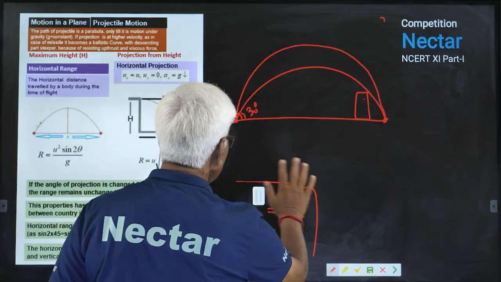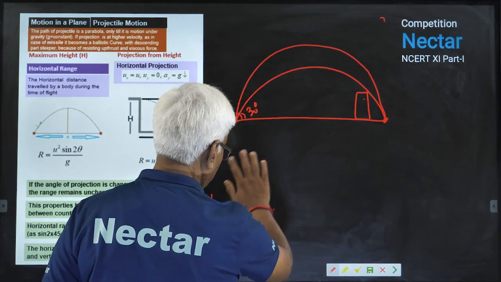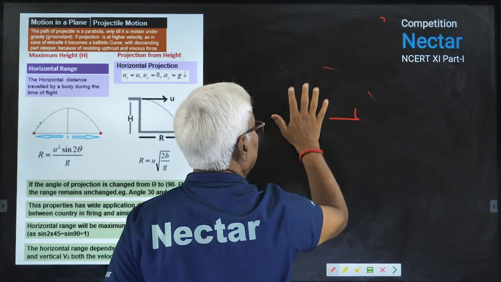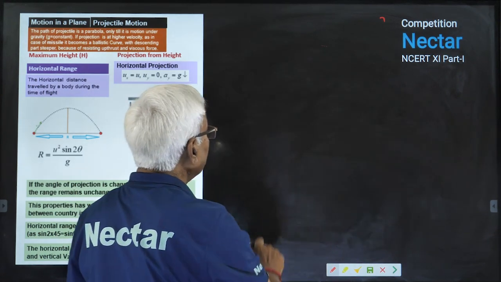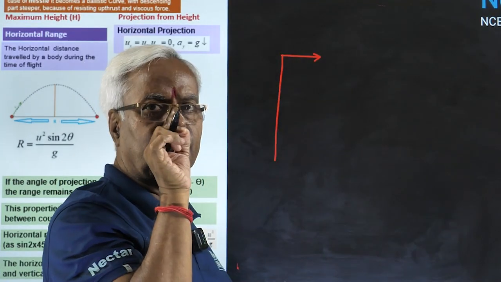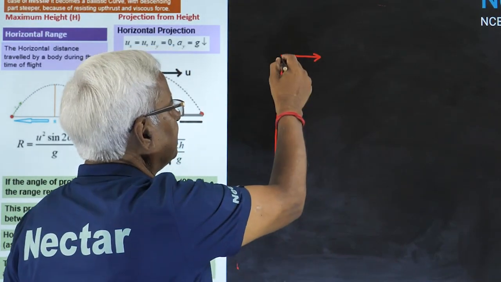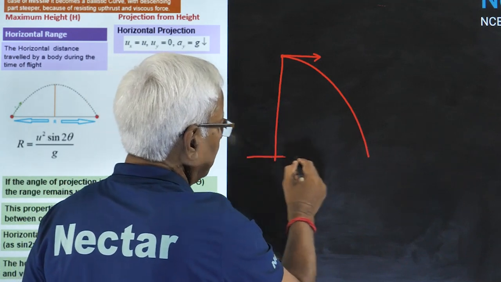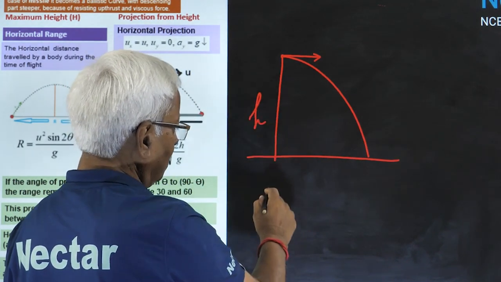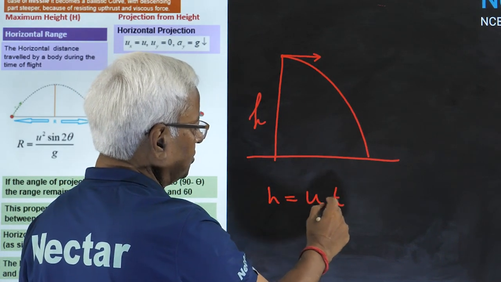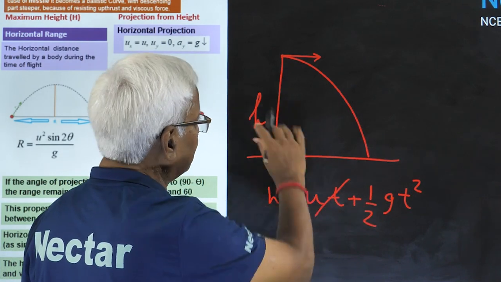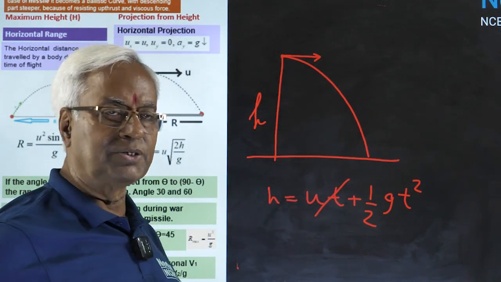Well, now we'll see if some object is projected horizontally. For example, you are standing on the roof, and you throw some object this way, like this. In this case, the path will be a parabola, no doubt. But if you have thrown from a height, h will be equal to ut plus half gt square. We have chosen plus g because it will start going downward from the starting point itself.